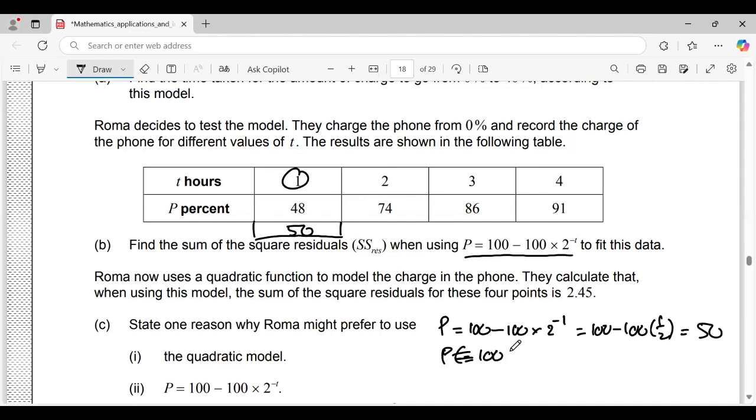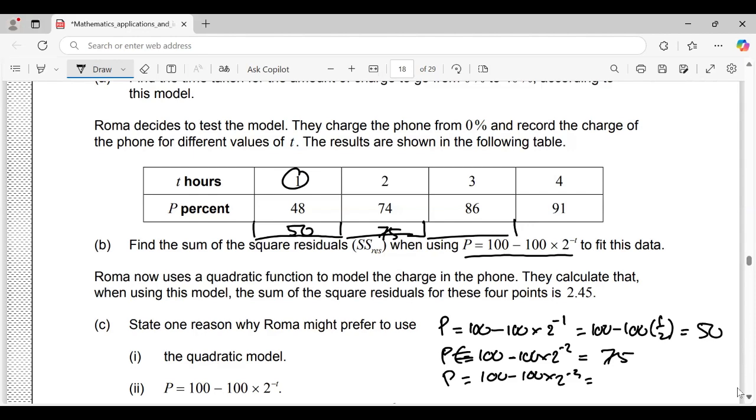And if t is 2, the result will be 75. So 75 here. How about if t is 3?